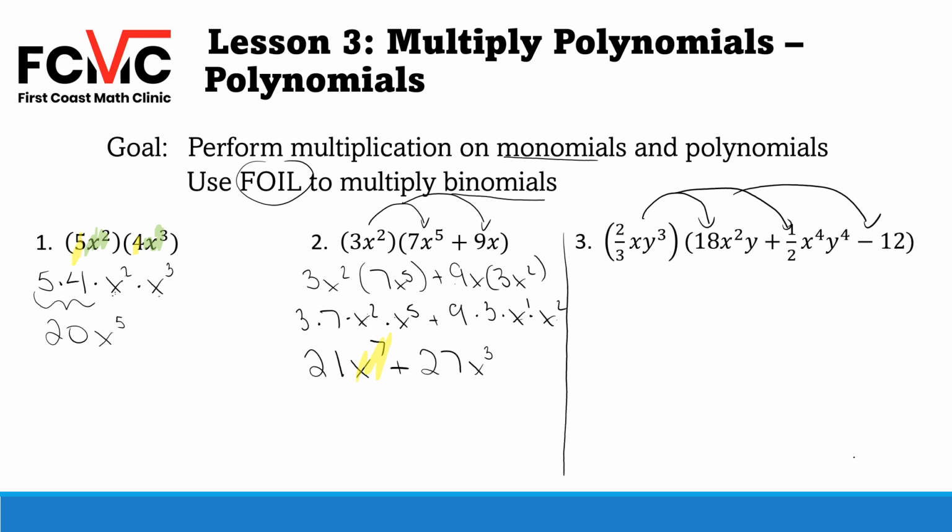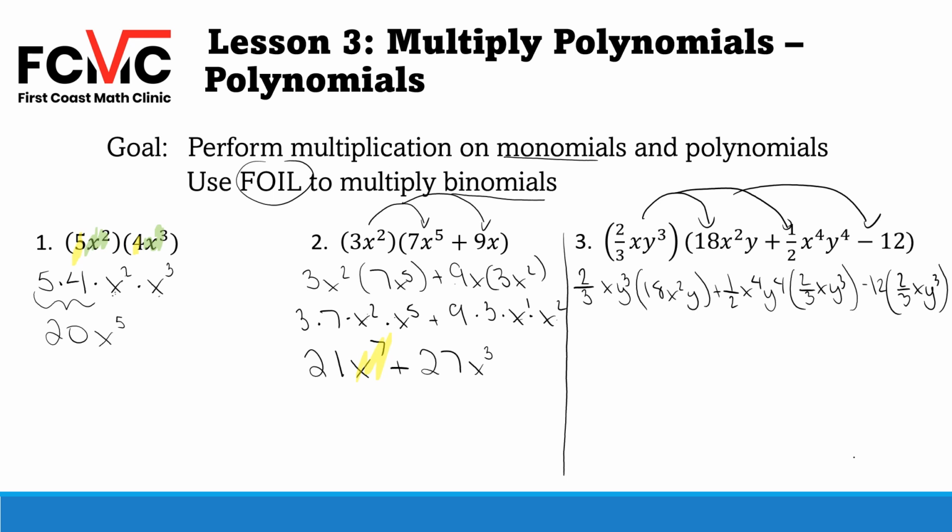So I'll multiply 2/3 x y to the third times 18x squared y, plus 1/2 x to the fourth y to the fourth times 2/3 x y to the third, minus 12 times 2/3 x y to the third.